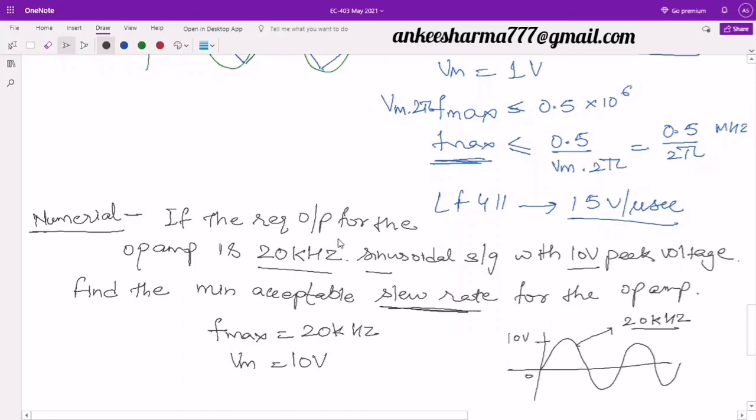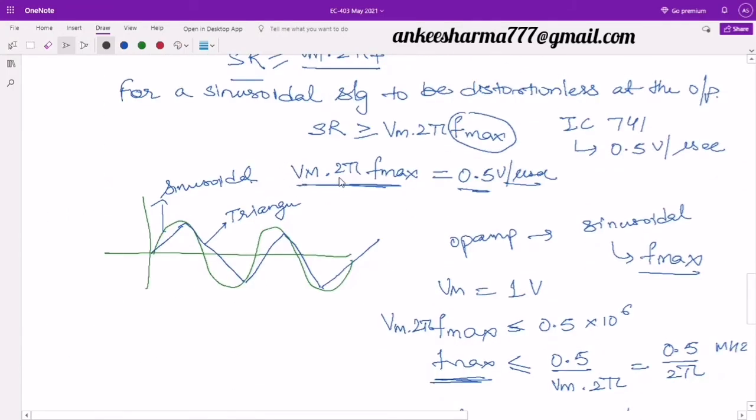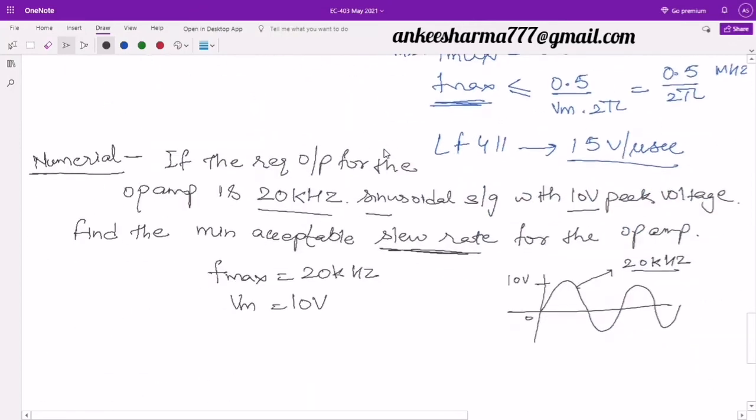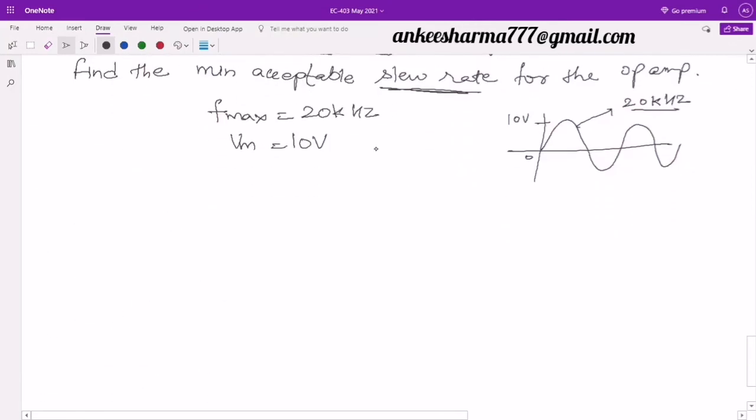Yes, slew rate should be greater than or equal to Vm into 2 pi F max. This is the formula, we use this formula. So we will say the slew rate should be greater than or equal to Vm into 2 pi into F max.